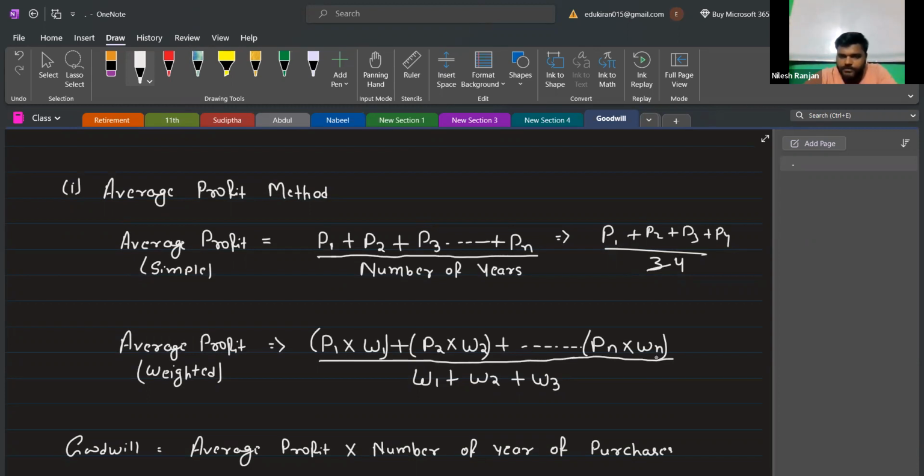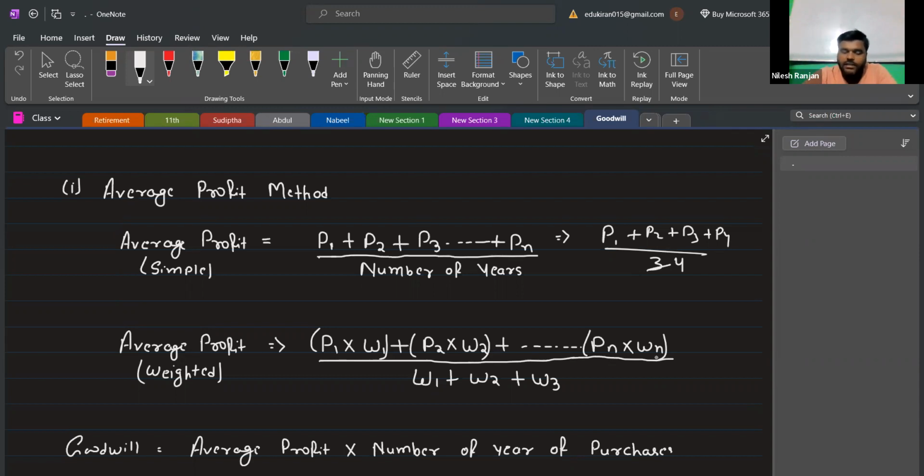The weight of each. Okay, weight. The weight is given in the question. Actually, the weight is assigned by us.